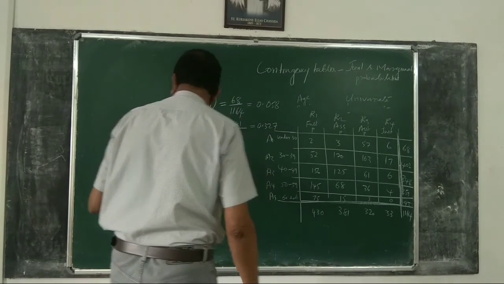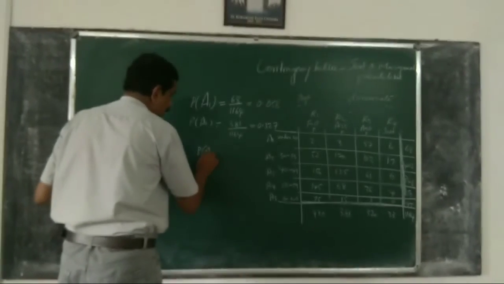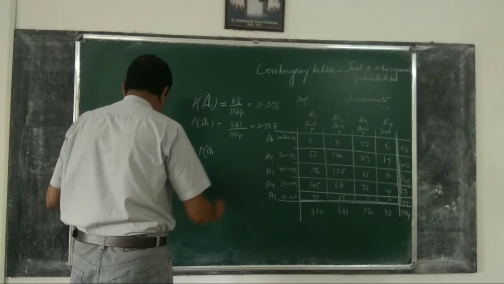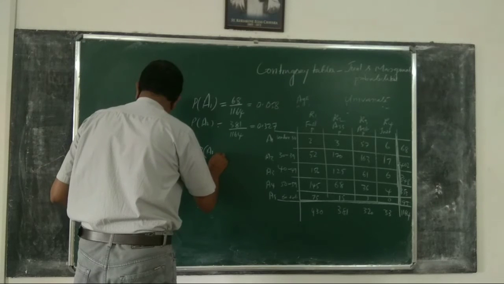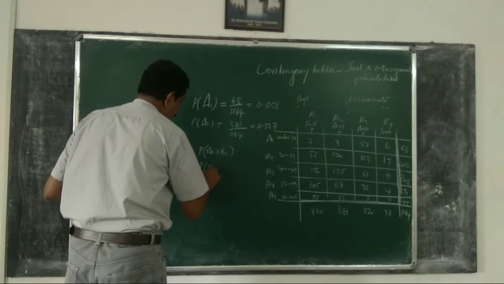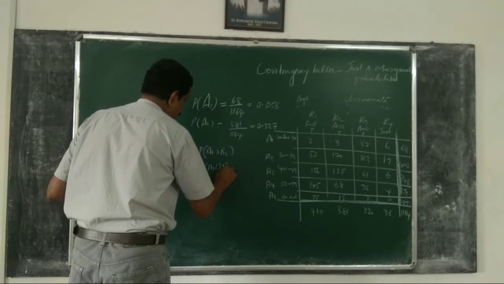Now, what is the joint probability of A1 and R2, or the probability of A1 intersection R2?